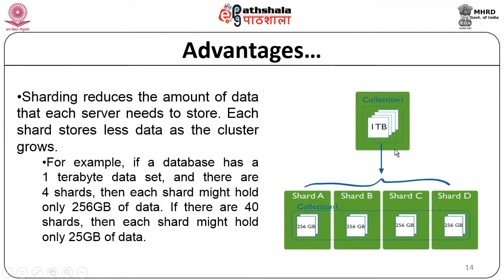The second advantage of having shards is that it reduces the amount of data that each server needs to store and process. Each shard stores less data as a cluster grows.